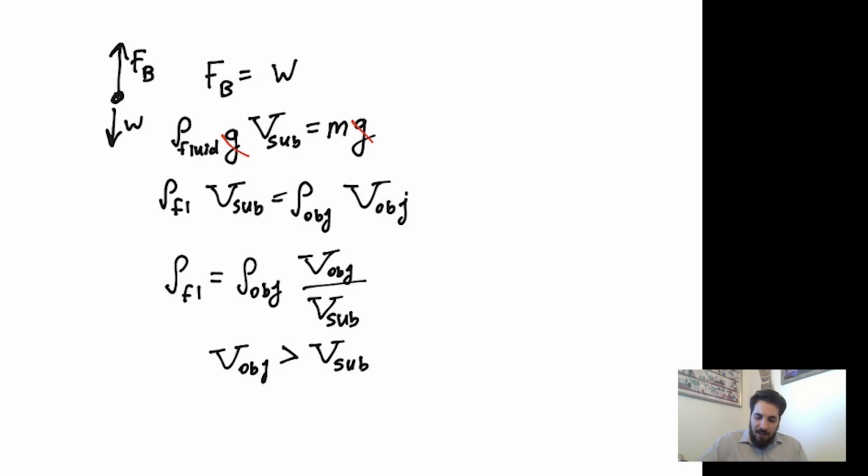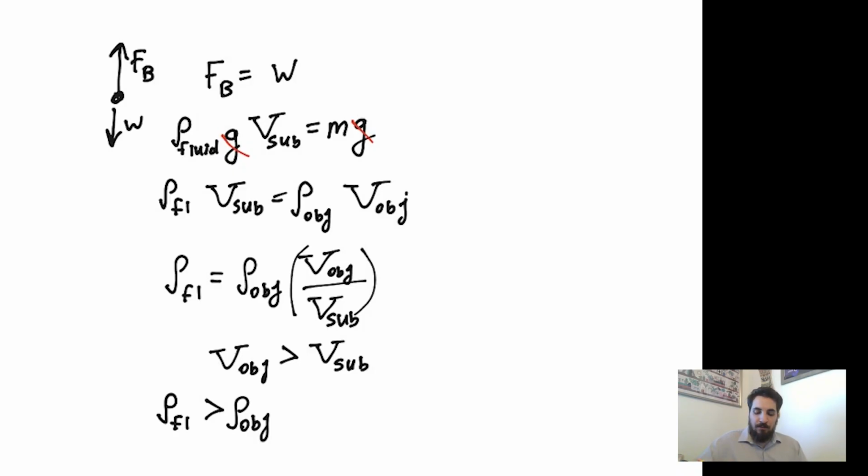And if that's the case, then for our object to be floating, the density of the fluid must be greater than the density of the object, right? Because this fraction is going to be less than 1 always when our object is floating.